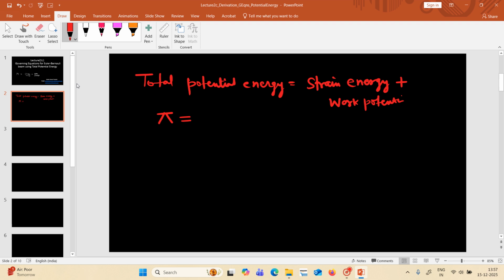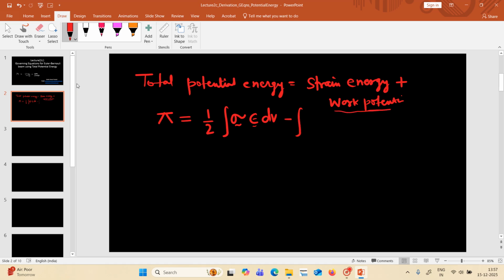So what is the strain energy? Basically strain energy is half times the volume integral of stress into strain, dV. And what is the work potential? Work potential is the negative of the external work done.